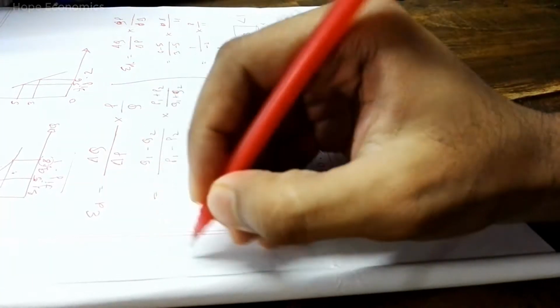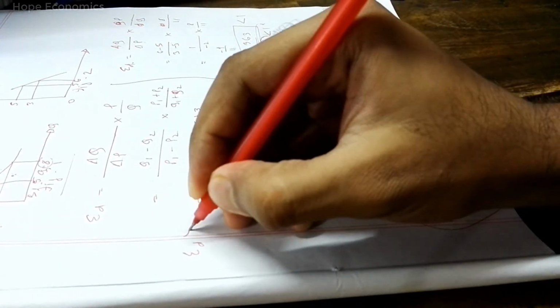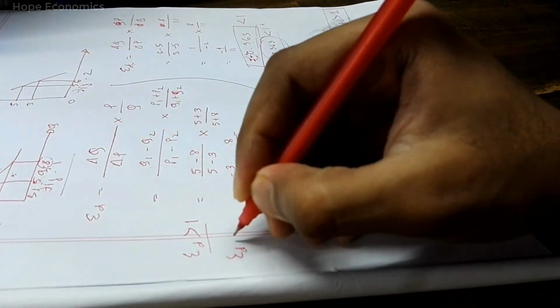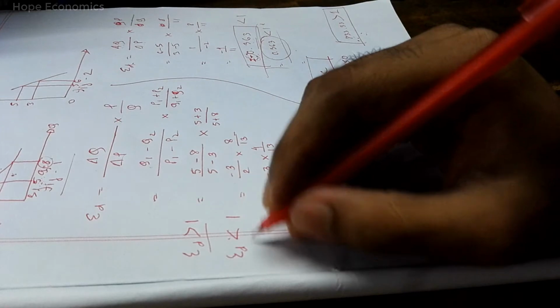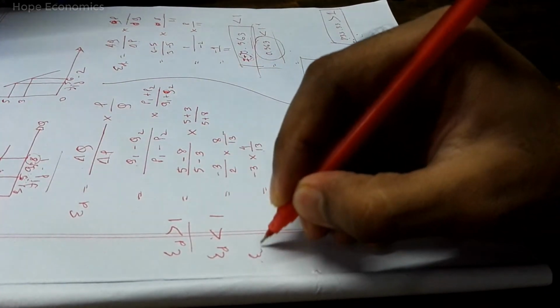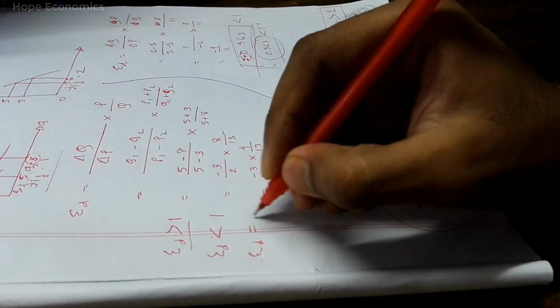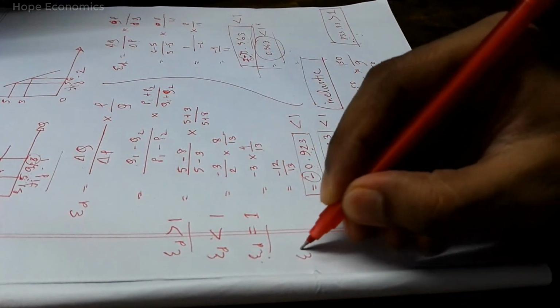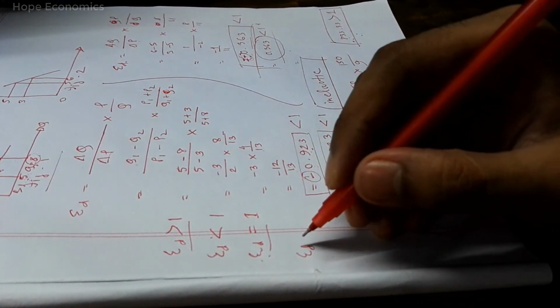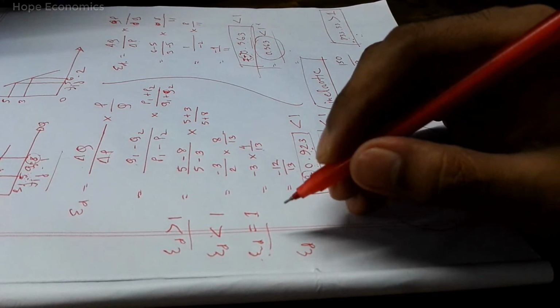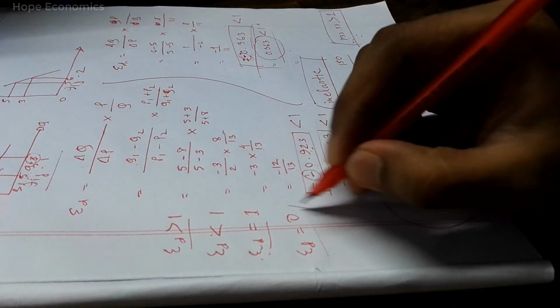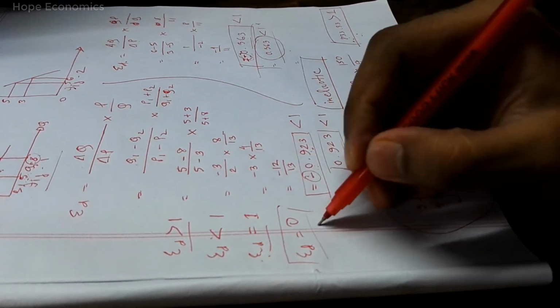So let's consider one thing. If the ED is greater than 1, it will be considered elastic. If the elasticity of demand is less than 1, it will be considered inelastic. If the elasticity is equal to 1, it is unitary elastic. If the value of elasticity of demand is equal to 0, that is perfectly inelastic.